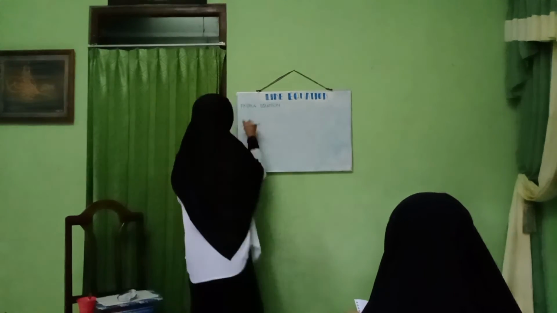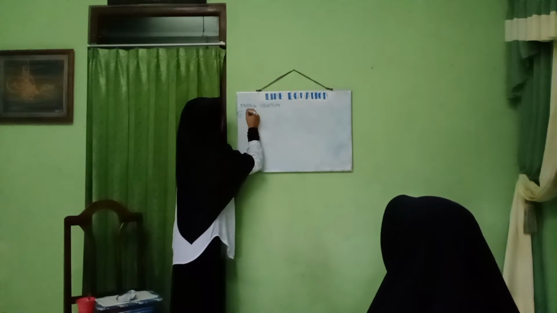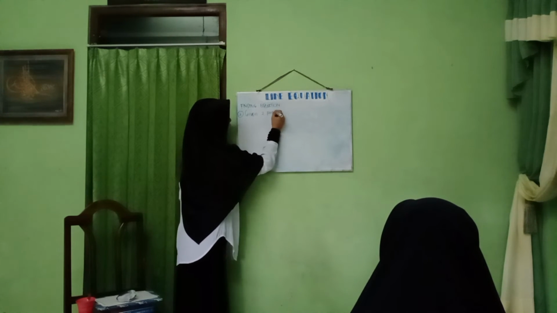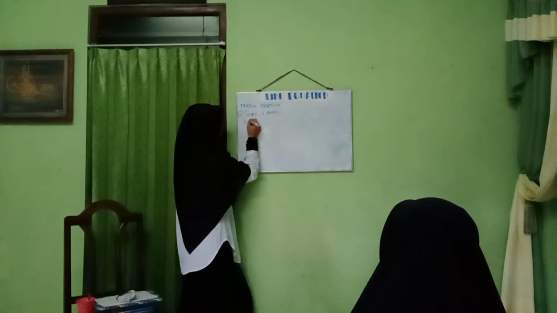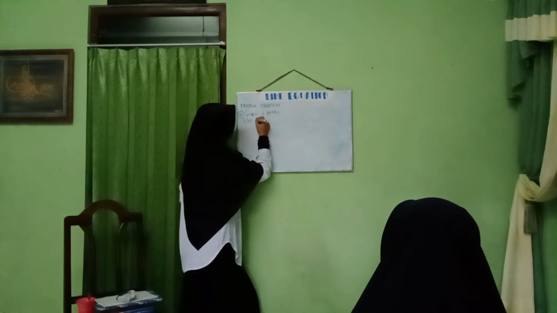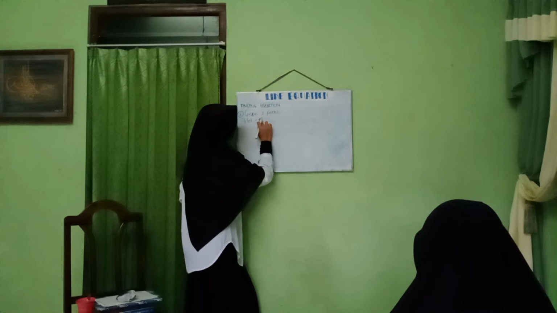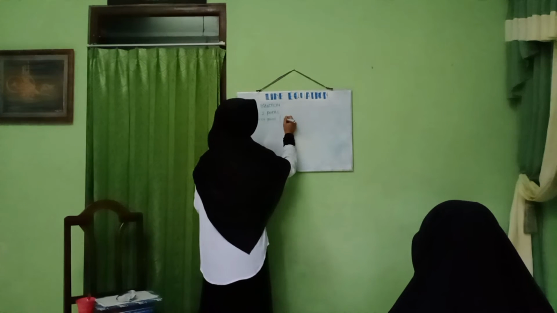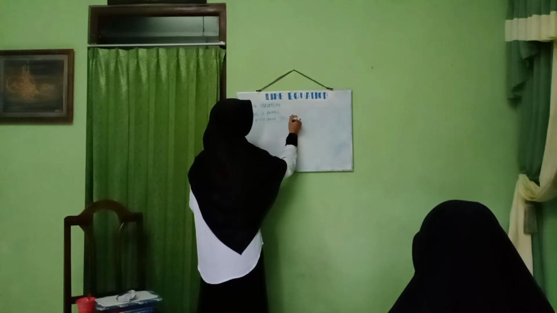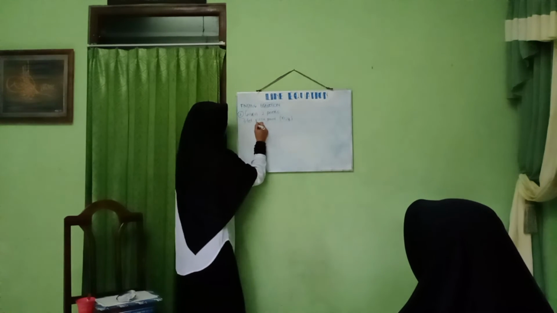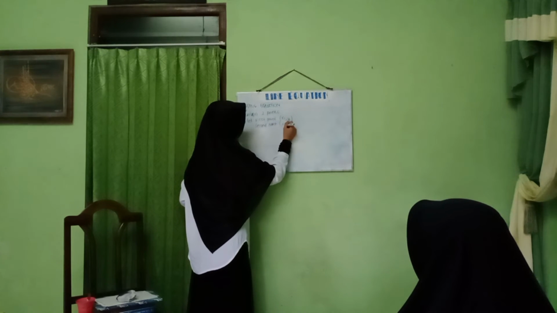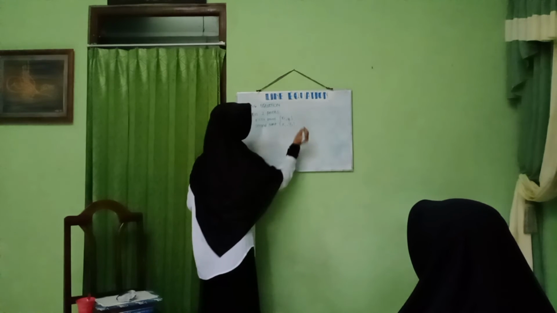The second way is if given two points. Let the first point be x1 comma y1, and the second point x2 comma y2.